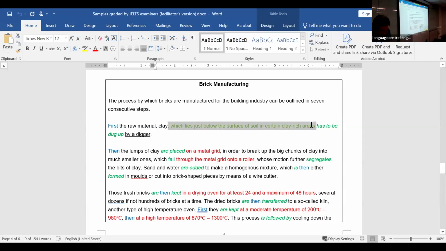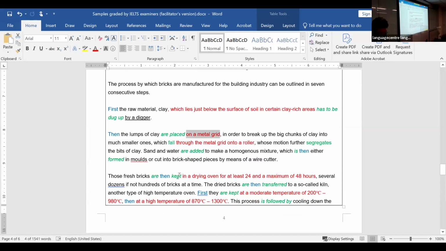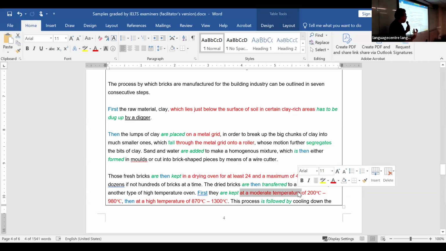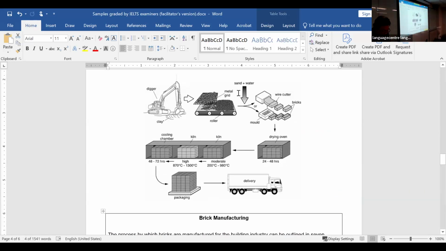Sorry, this should be in red as well. Which lies below the surface of soil, blah blah blah. On a metal grid in a drying, blah blah blah. At a moderate temperature, blah blah blah. These are descriptive language that we can use to give additional information about the diagram or about the processes involved in the diagram, so that we can score higher in terms of task achievement.